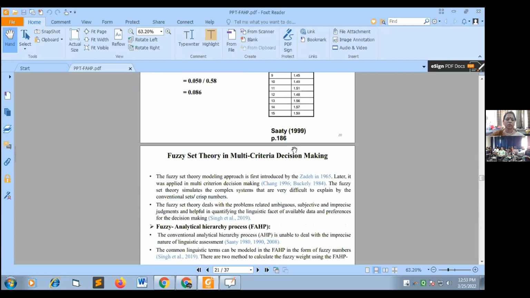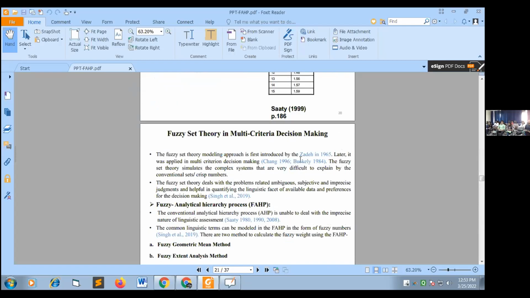But in fuzzy set theory, in the multi-criteria decision making process, as already discussed in the first lecture, fuzzy set theory was given by Zadeh in 1965.